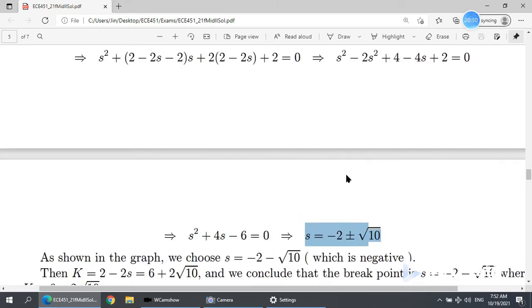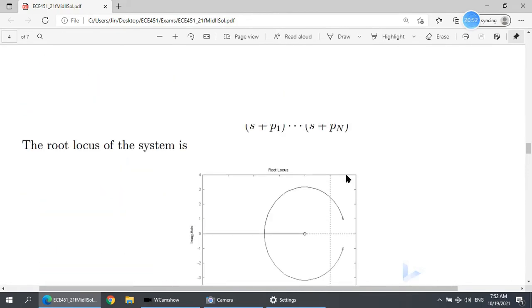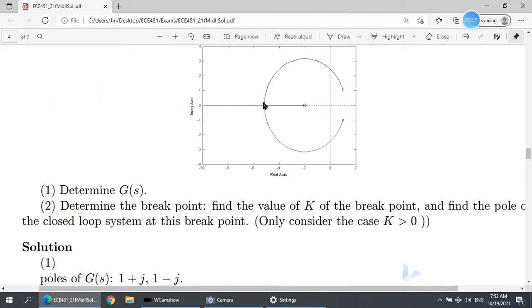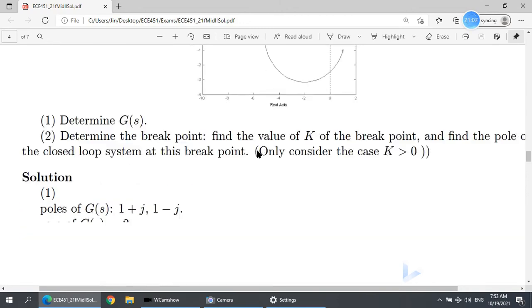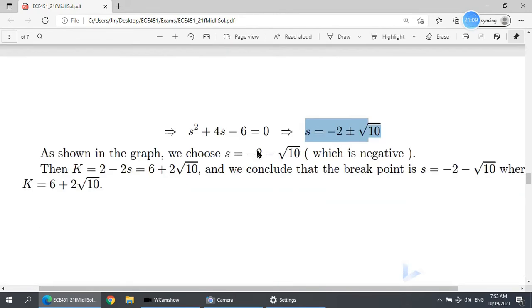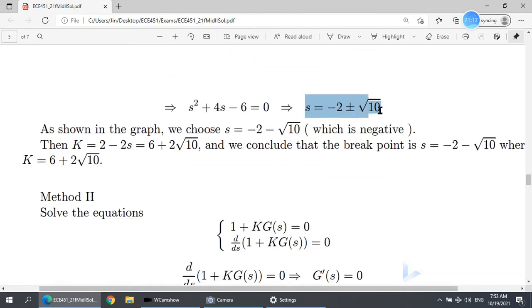You need to check the graph. The breakpoint is here, so the result should be a negative value. This side here is negative, this is 0, this is 0, this side is positive, this side is negative. So here should be negative 1. Then you can think it is plus or minus square root of 10. Square root of 10 will be 3 point something, since square root of 9 gives 3.